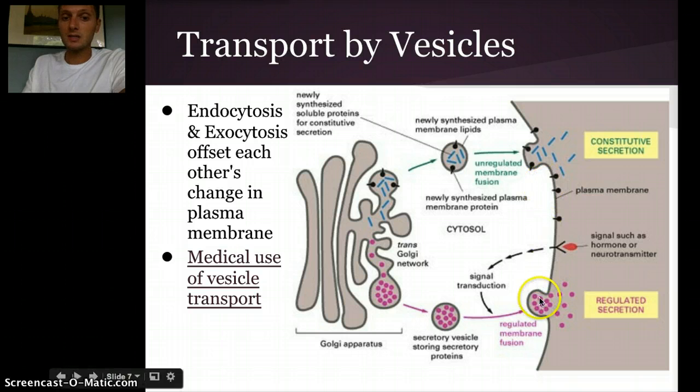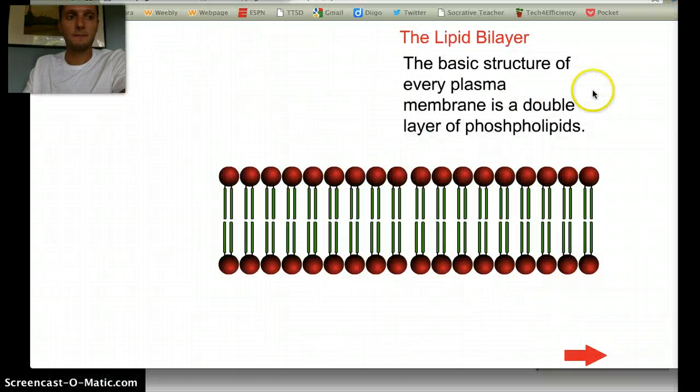Both of these are exocytosis. Endocytosis is basically the same example, and I have a nice diagram that shows us an example of that. So this is a good medical example of how this endocytosis could be used.